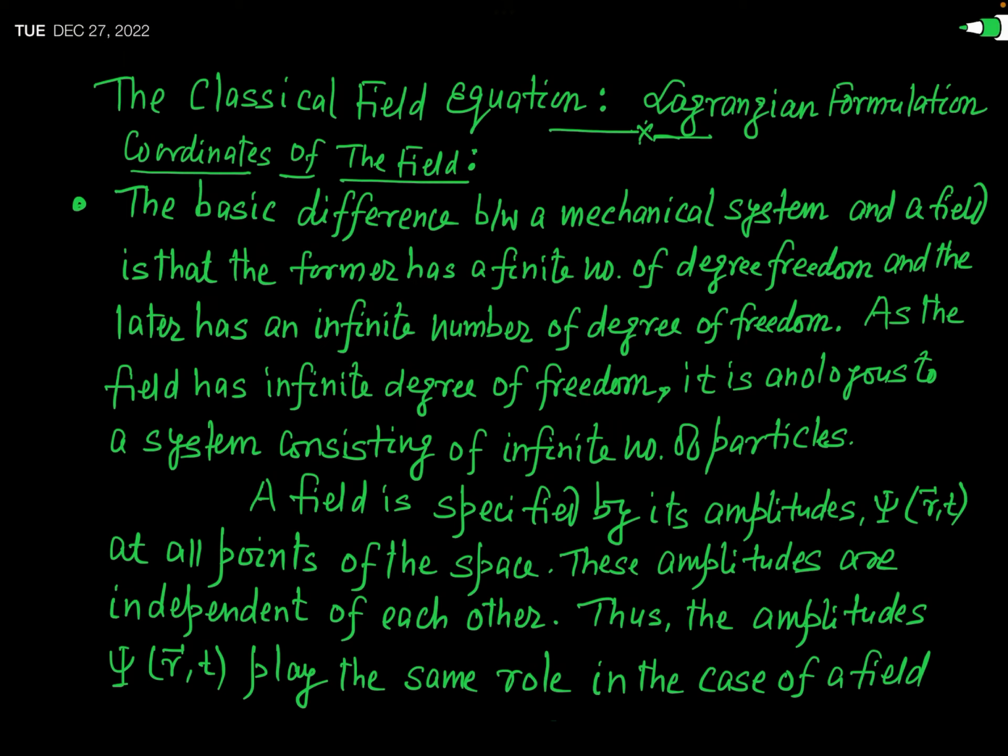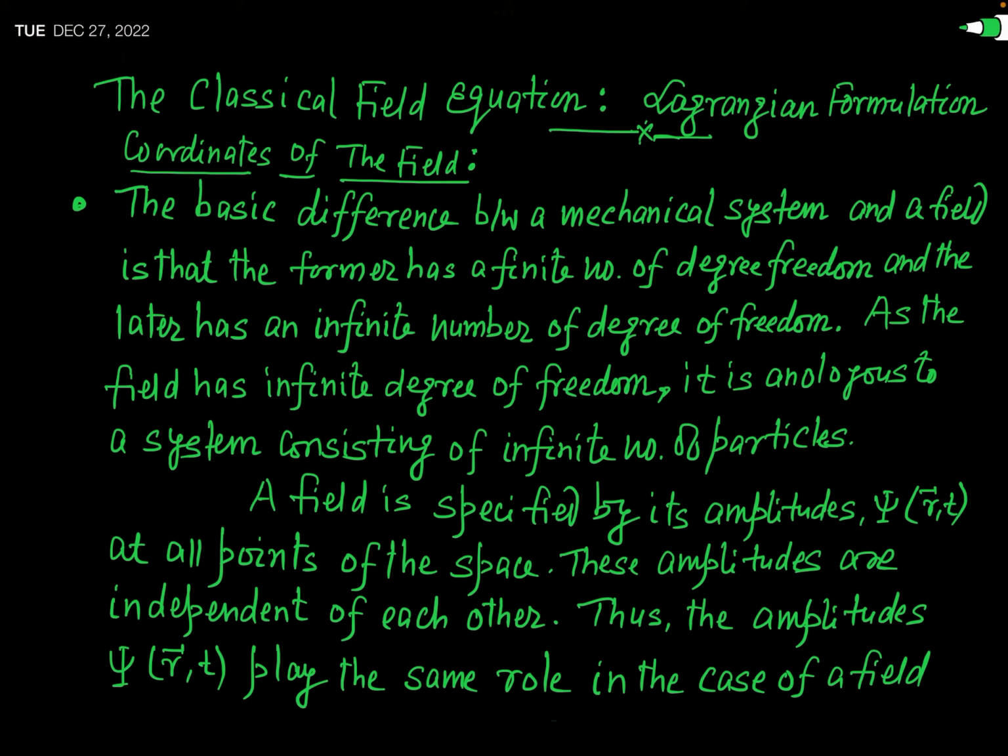Okay. So when we talk about the field, then what will be the coordinates? This is a very fundamental fact to know before dealing with the problem of classical field equation. As you know, in Lagrangian formulation, you have definitely studied that the number of generalized coordinates to specify a classical system is simply equal to the number of degrees of freedom of the system.